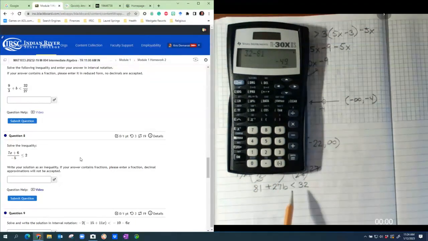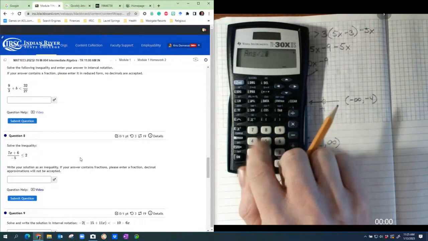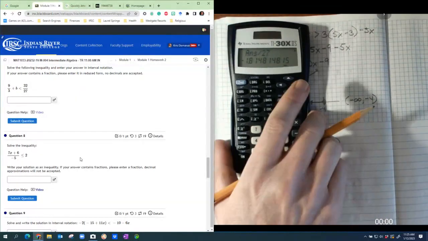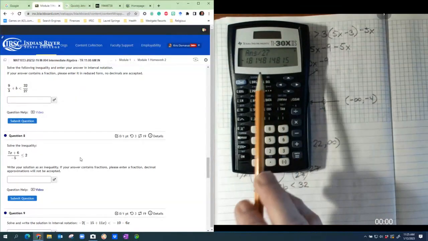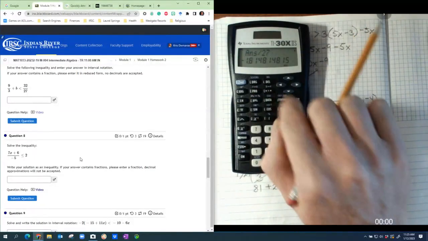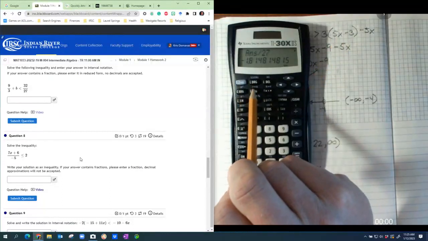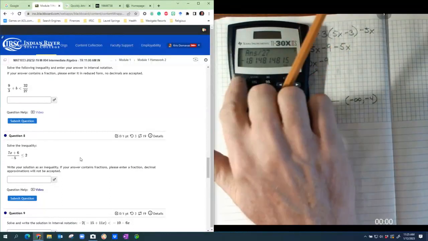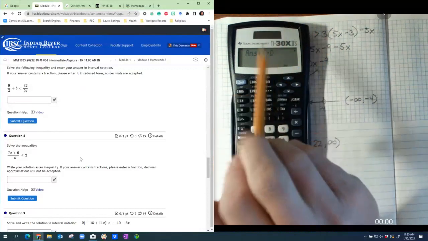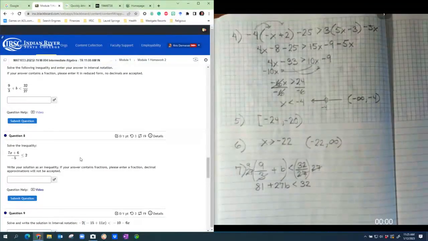And then we're going to divide by 27. Notice how it doesn't go into it. So what you could do is hit this button right here where it gives you fraction to decimal, decimal to fraction. So we can hit second, that, enter.